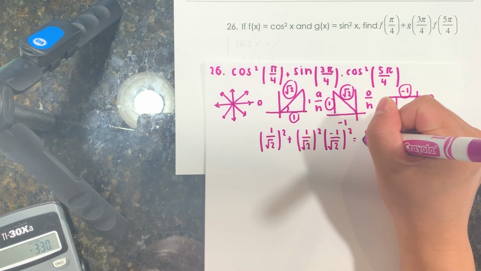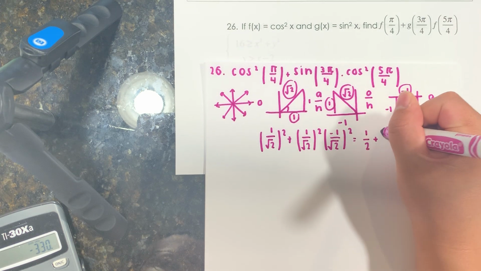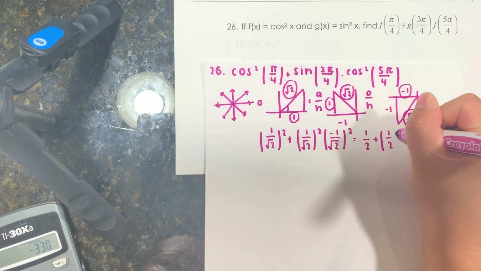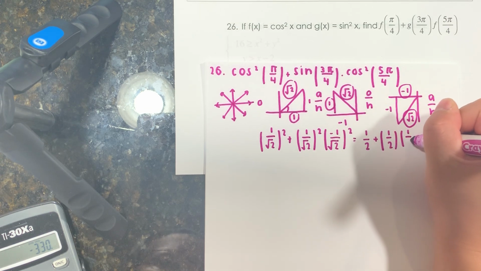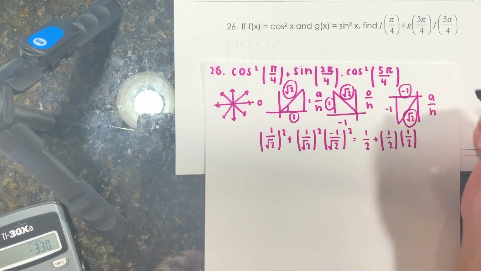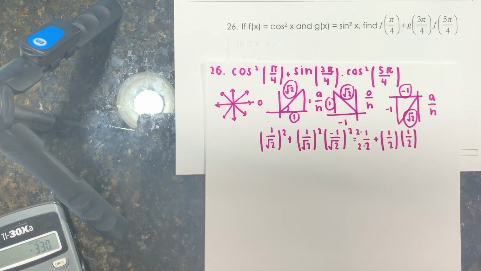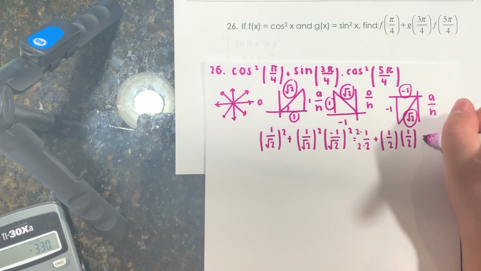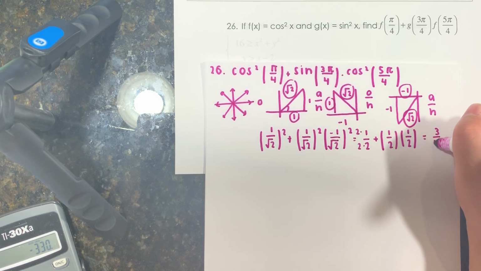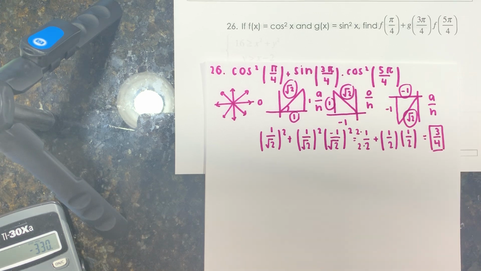So really I have 1/2 plus 1/2 times 1/2. Make a common denominator. So that'd be 2 over 4 plus 1 over 4 would give me 3 over 4. And that's number 26.